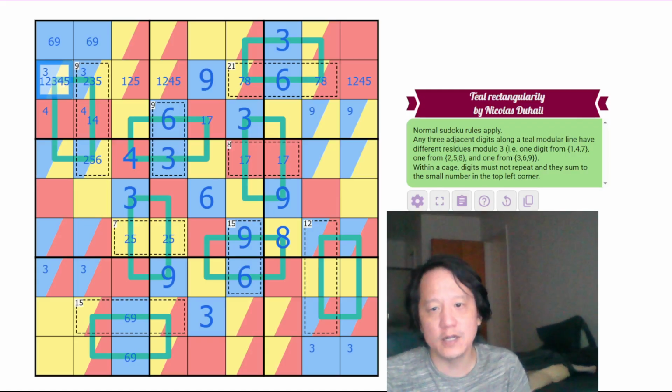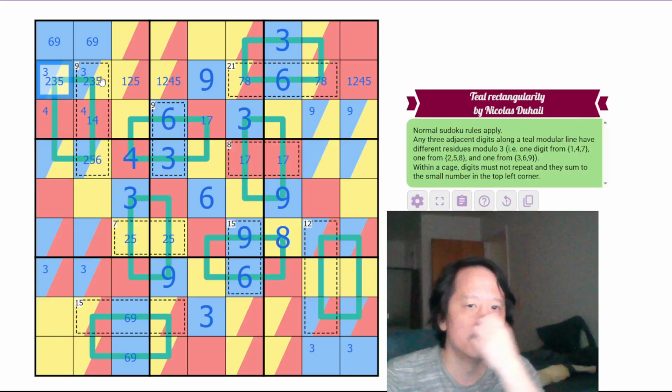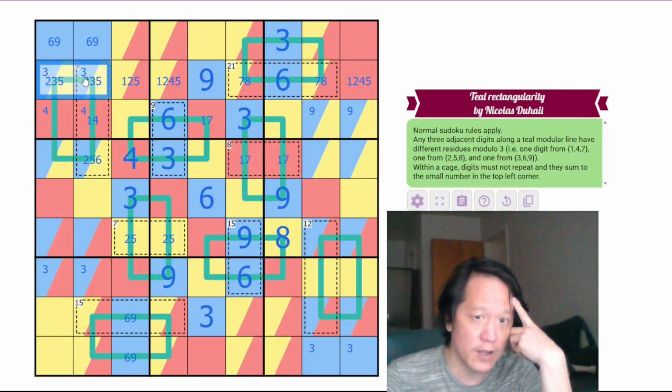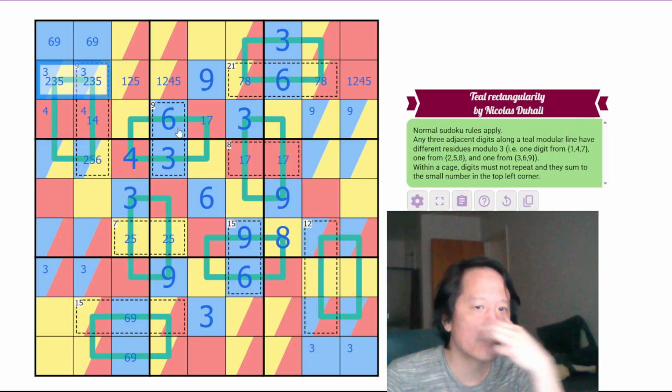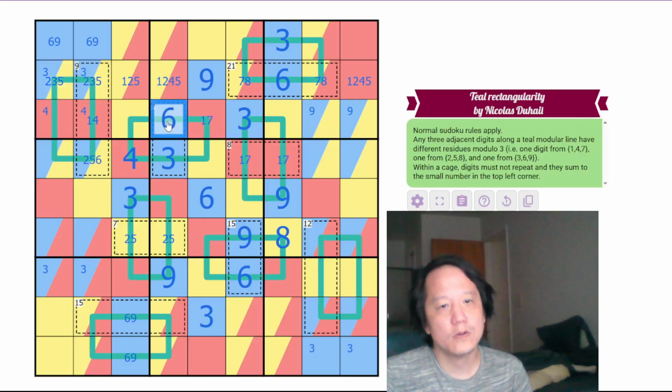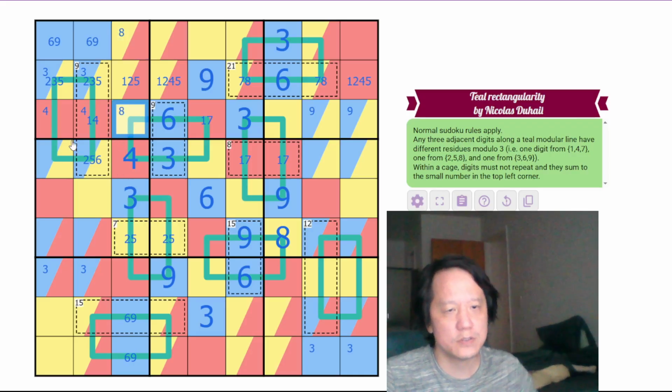So this cannot have 1 or 4 here. So we're guaranteed a 3 here, and the other one's 2 or 5. One of these is guaranteed then to be 8. We don't know which. And this could be 1, 4, or 7.